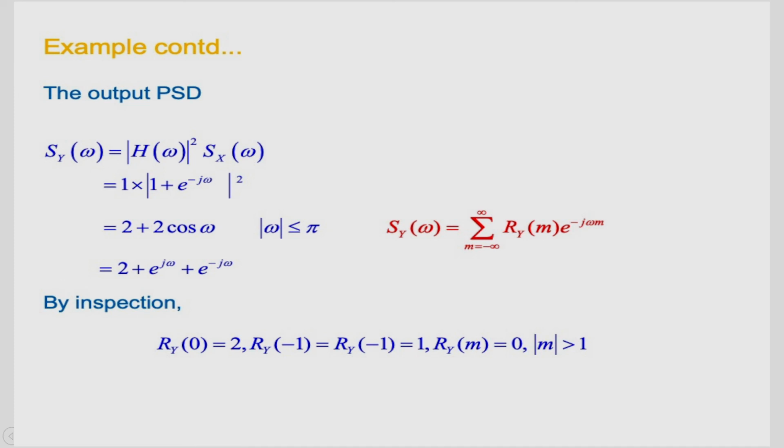So the corresponding coefficients will be the autocorrelation function. Therefore, by inspection, Ry of 0 will be equal to 2, Ry of minus 1 will be equal to Ry of 1, equal to 1, and for the rest of the values of m, Ry of m will be equal to 0.